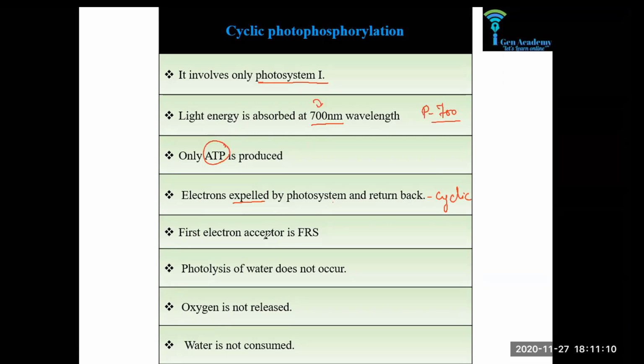The first electron acceptor in this case is FRS, the ferredoxin reducing substance. Photolysis of water does not occur. There is no water molecule involved in this reaction, and oxygen is not produced as a byproduct. These are the things you have to mention with respect to cyclic photophosphorylation.